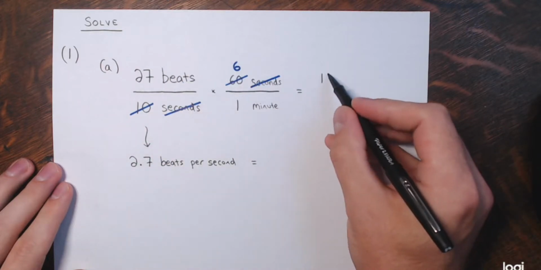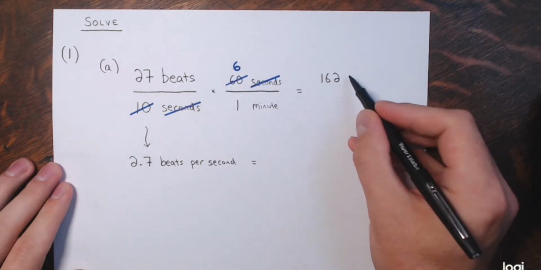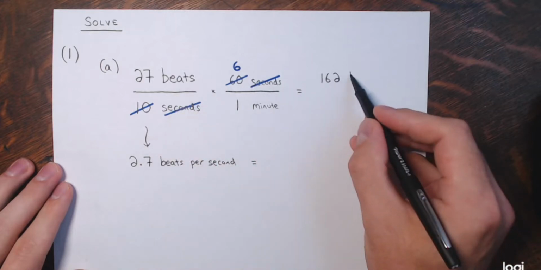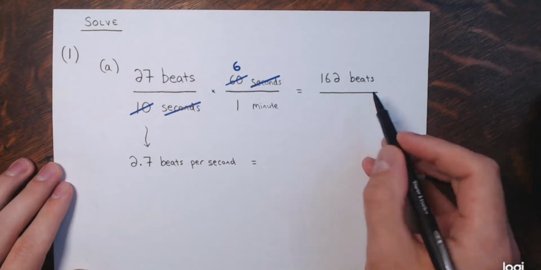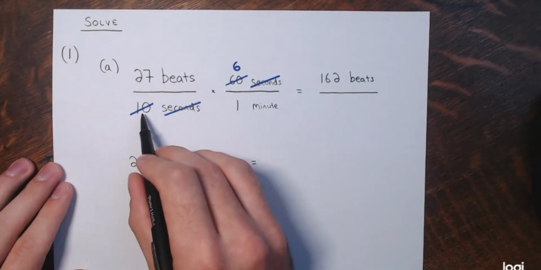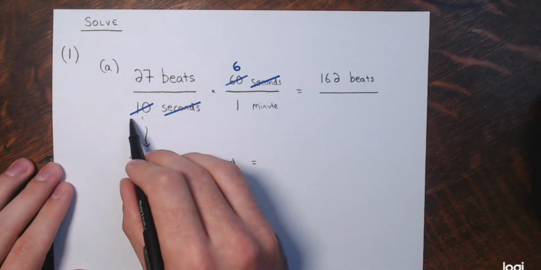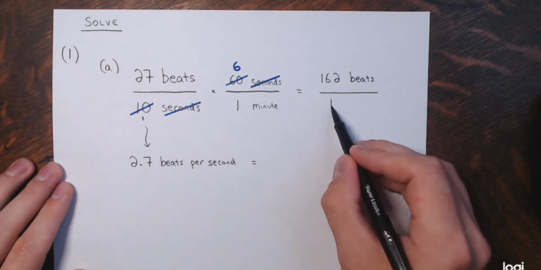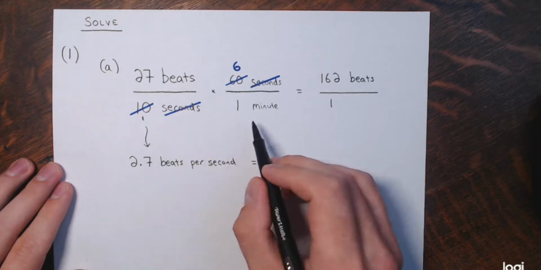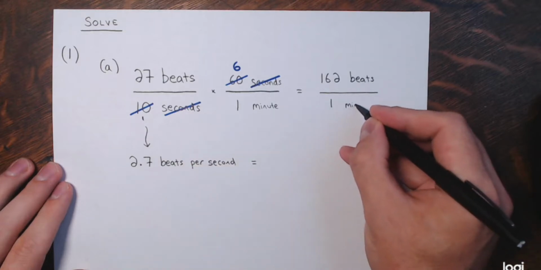That'd be 162. And then the units in the numerator is still beats, heartbeats, right? Per, and then when an entire factor cancels, you still have 1. You have 1 times 1 in the denominator. That's 1. And the units left over in the denominator is minutes.